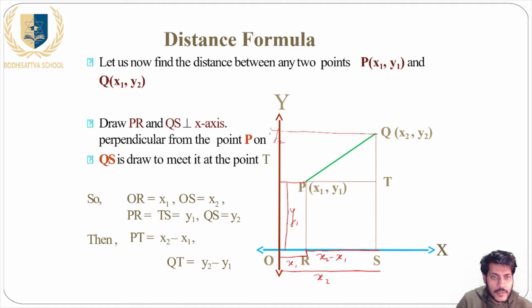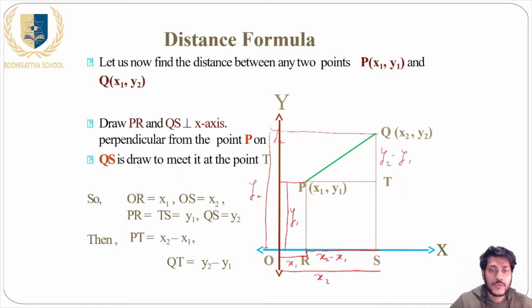So this distance is y2, and we need QT to use the Pythagoras theorem. So QT will be y2 minus y1.